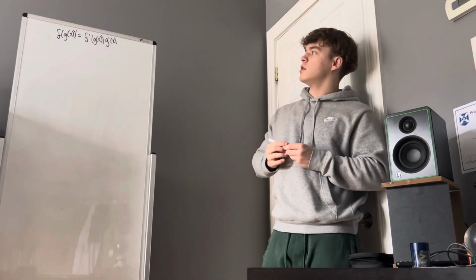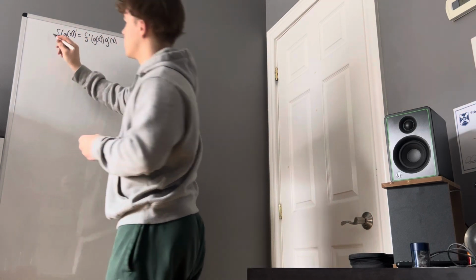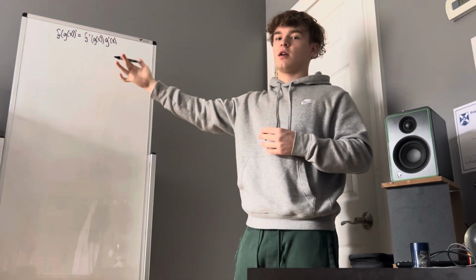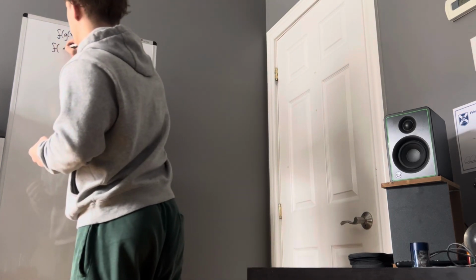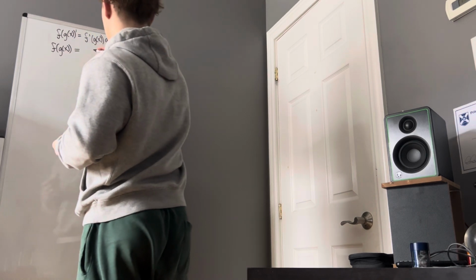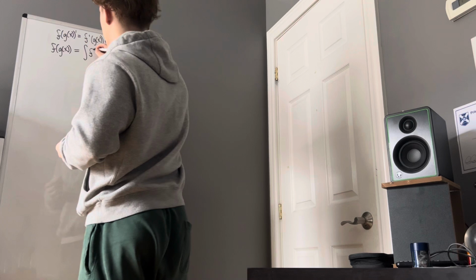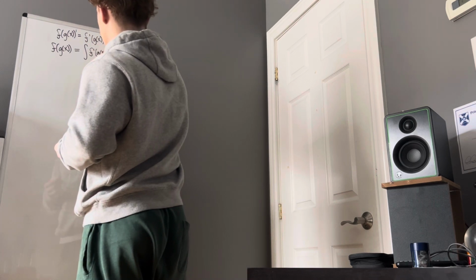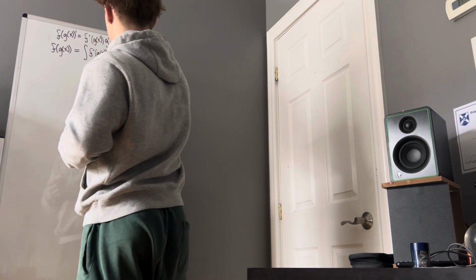And so we can integrate both sides. Remember, when we integrate a derivative, we just get the original function. So f of g of x equals the integral of f prime of g of x times g prime of x dx.